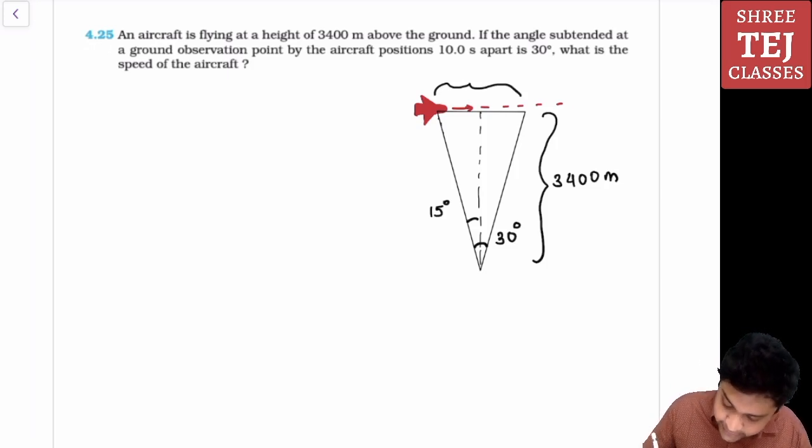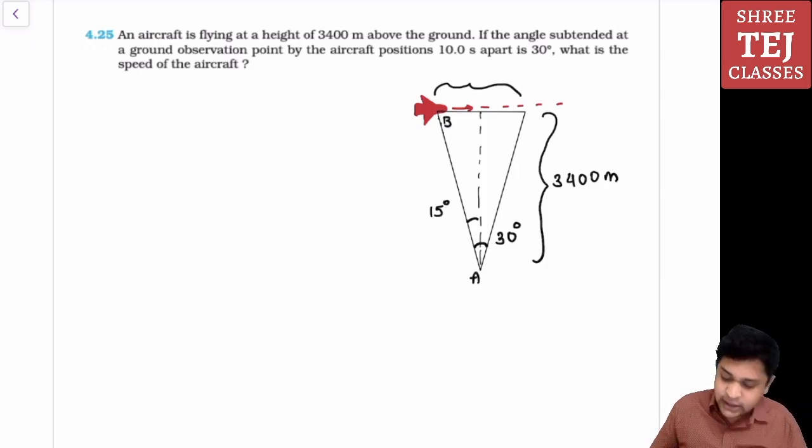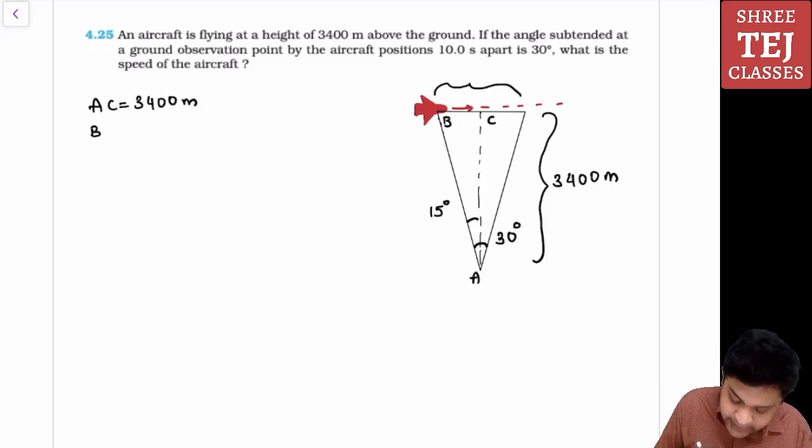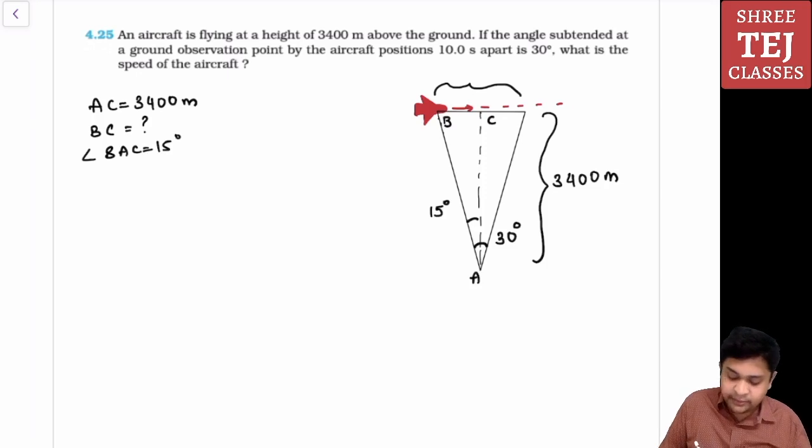Therefore, if we consider triangle ABC, AC is 3400 meters, BC we do not know, but we know angle BAC is 15 degrees. Therefore, tan of 15 degrees is opposite upon adjacent.